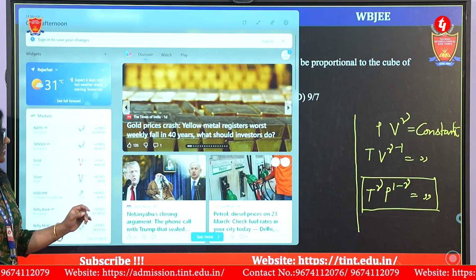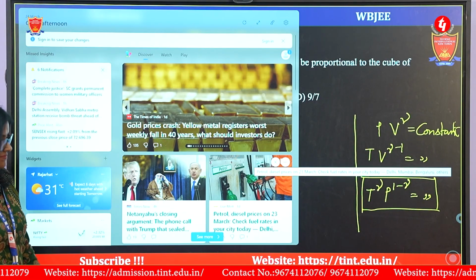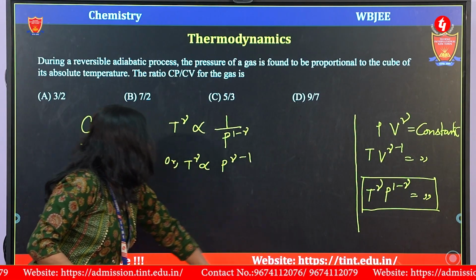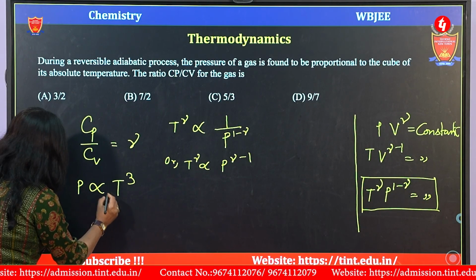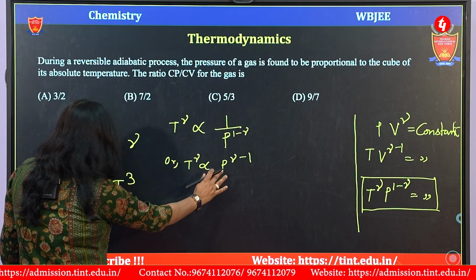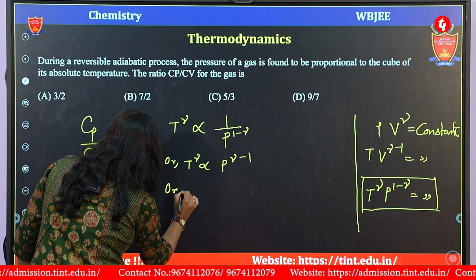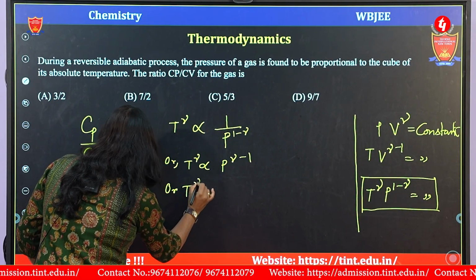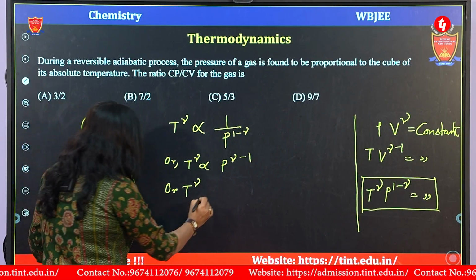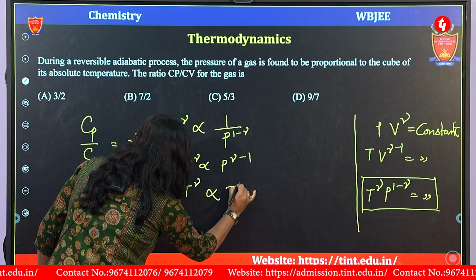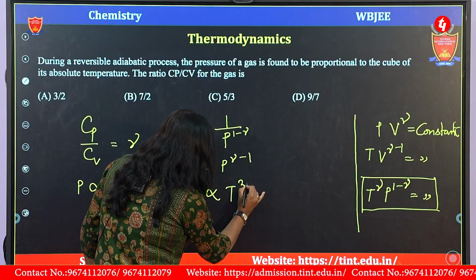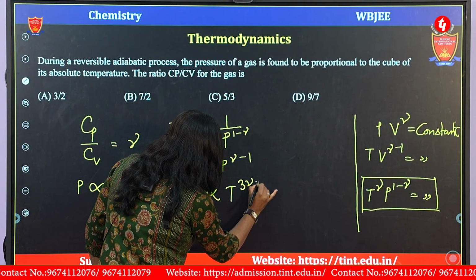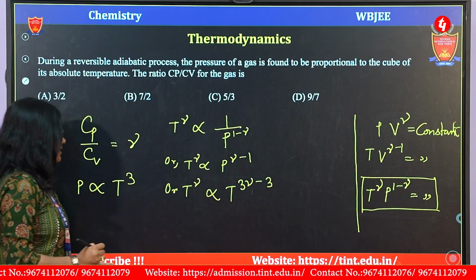If we put in place of P, T cube, we get T to the power 3 gamma minus 3.